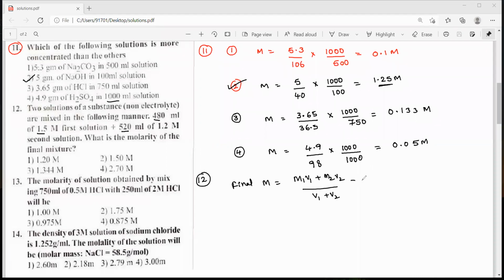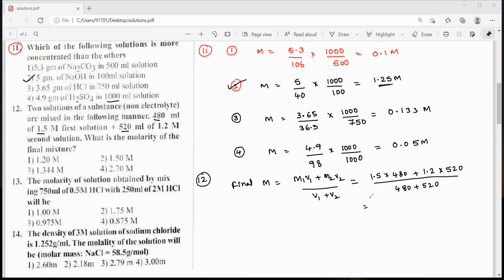Okay, dear students. So M1 is 1.5 and its volume is 480 ml, plus M2 is 1.2 molar and its volume is 520, divided by the total volume of the mixture, 480 plus 520.